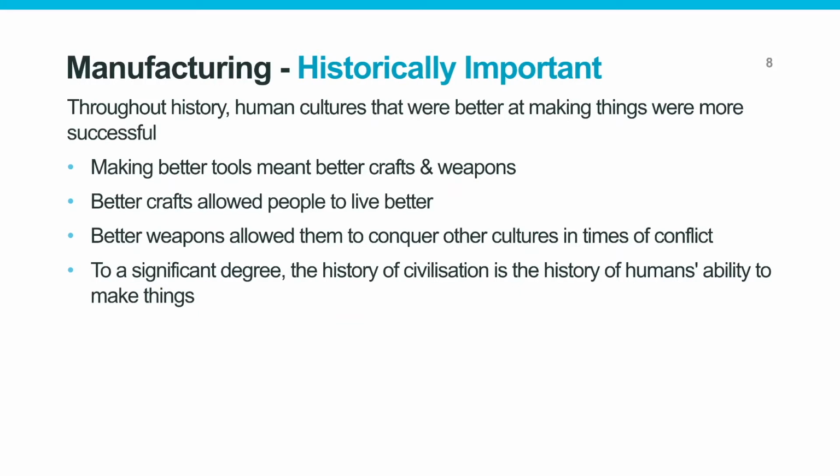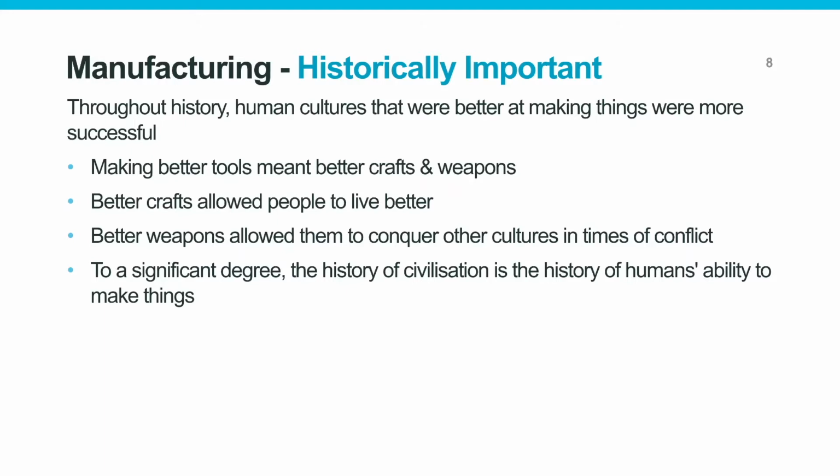Manufacturing is also historically important. Throughout history, human cultures that were better at making things were more successful. Making better tools meant better crafts and weapons. Better crafts allowed people to live better, and better weapons allowed them to conquer other cultures in times of conflict.